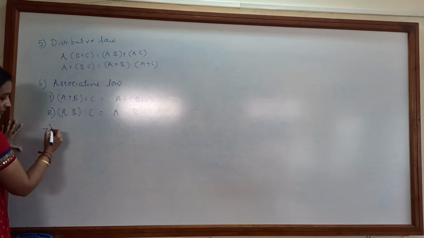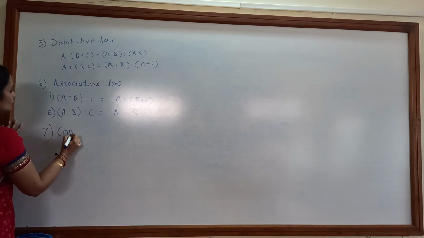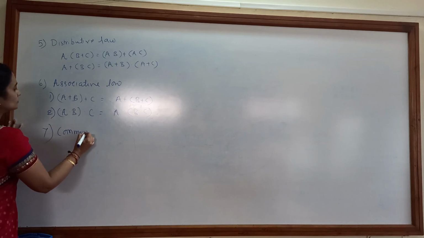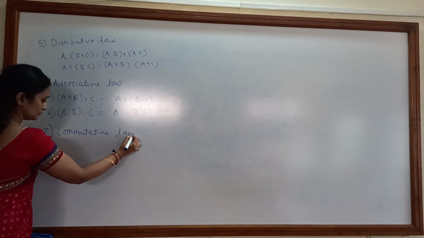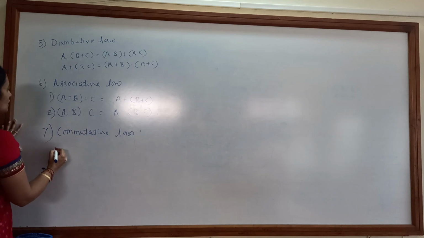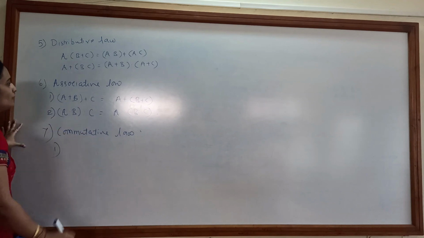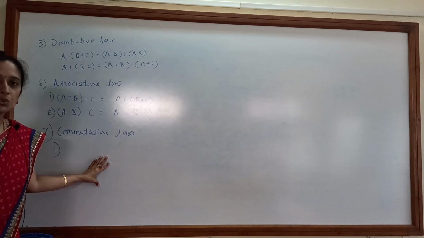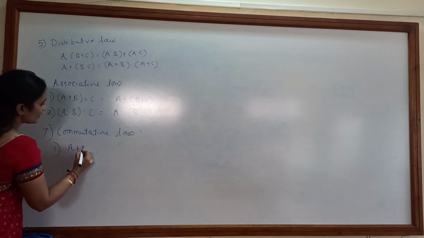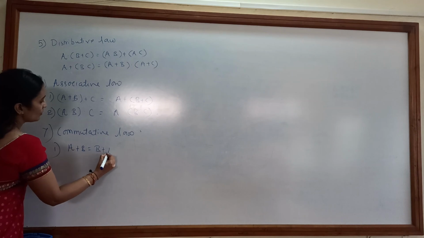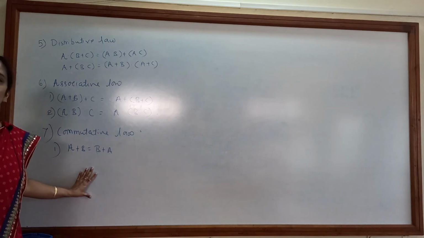Then seventh one is commutative law. Commutative law is again same. There are two laws which are dual to each other. First is A plus B is equal to B plus A. You can change the position.